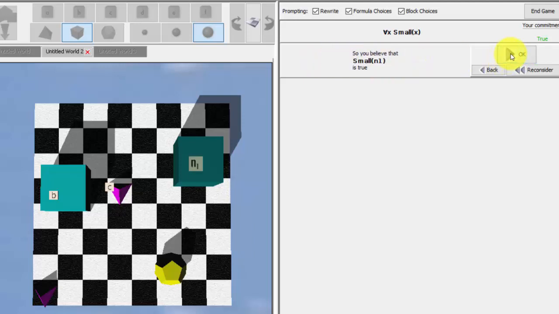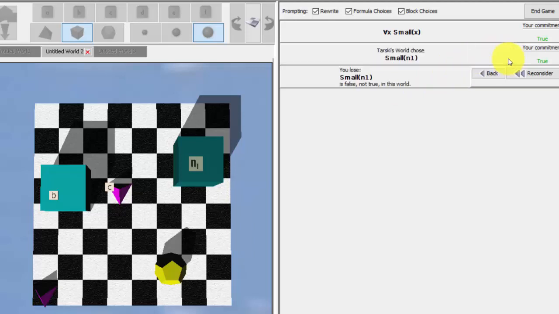And it's going to try to find a case that proves me wrong. So it gives an arbitrary name, n sub 1 here, so that we can tell what it's talking about. And now it's asking me, do I believe that n sub 1 is small? Let's say I say it's true. I've lost because, of course, n sub 1 is not small, it's large.